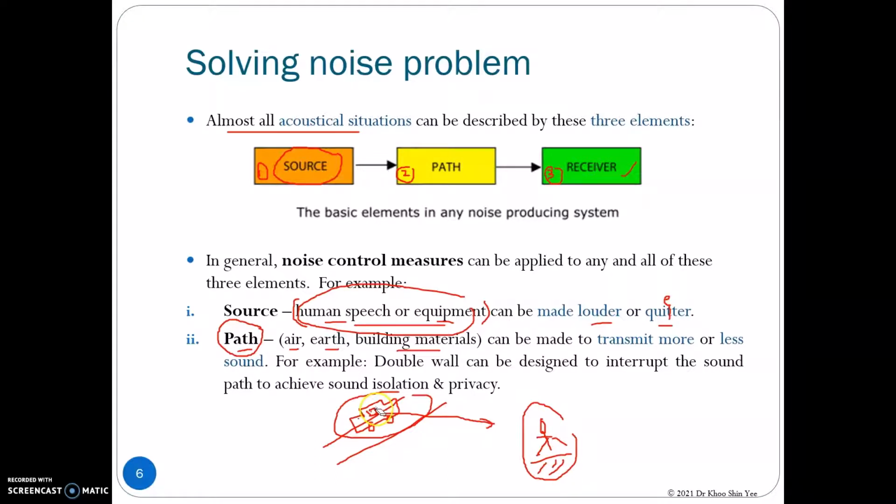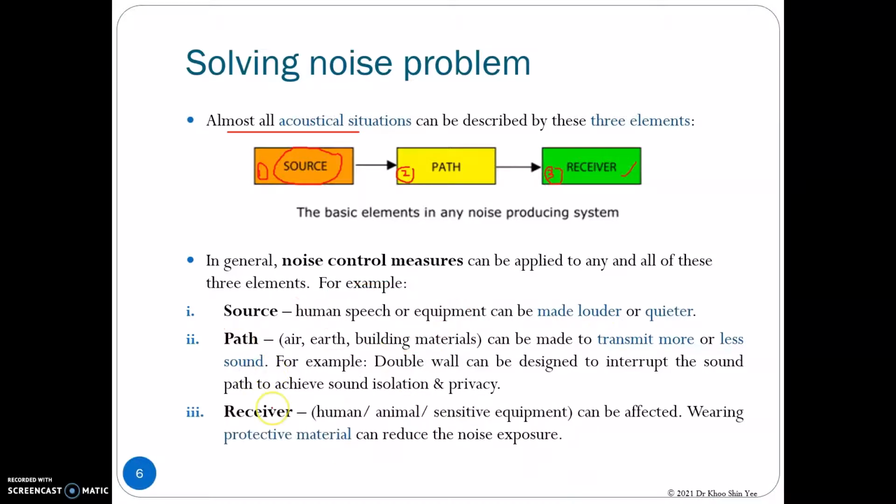So in this case, you can open the window and shout to the person. There is no interruption in the transmission path now, and the sound can transmit to the receiver more. Therefore, we know that we can control the path in order to decide whether we want to transmit more or less of the sound. Lastly, we can also control the sound at the receiver.